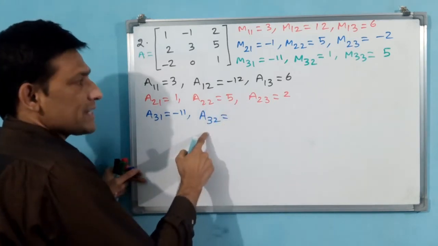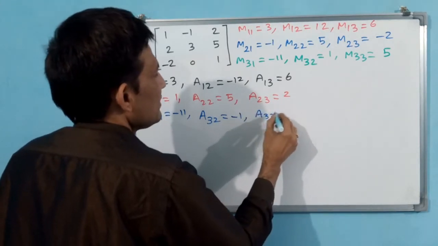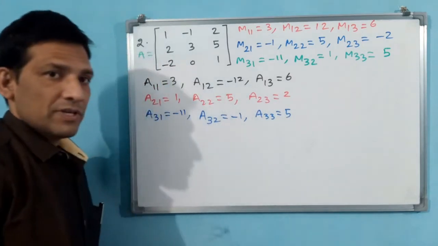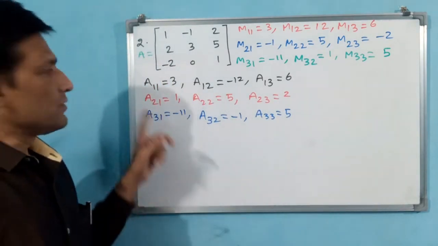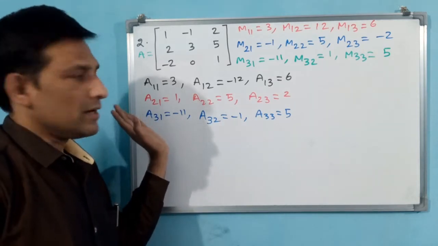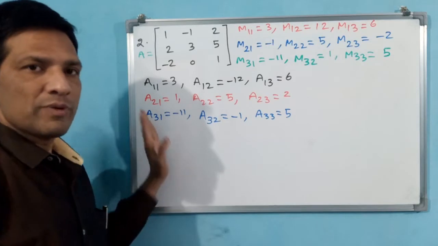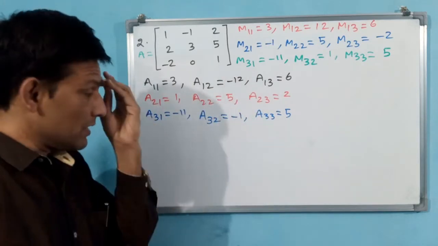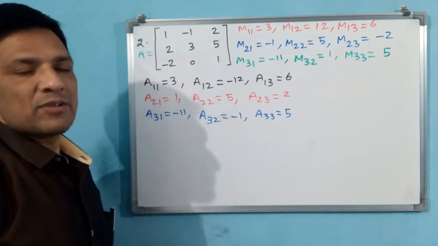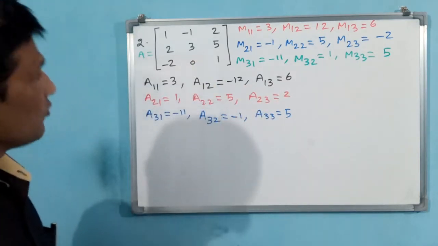A32, minus will come, minus 1. A33, plus will come, plus 5. Now you see, these are the cofactors. If you put a bracket, this is going to become the matrix of cofactors. But you have to take the transposed matrix of cofactors. Transposed means this row should become a column. Now you write the adjoint.